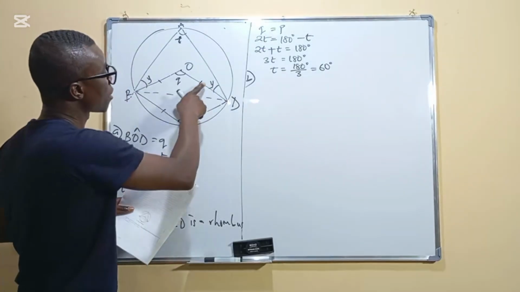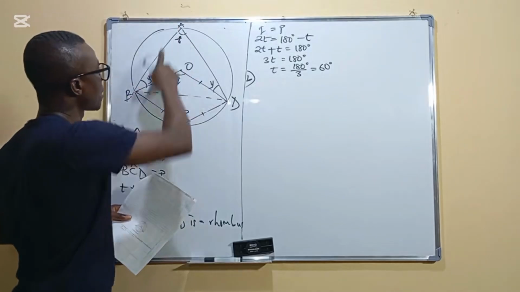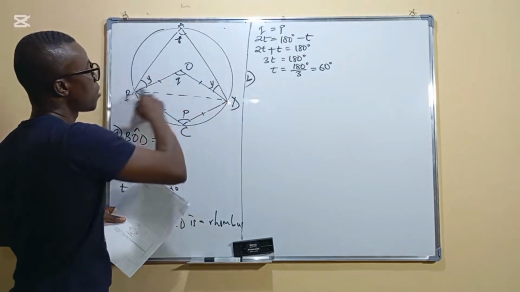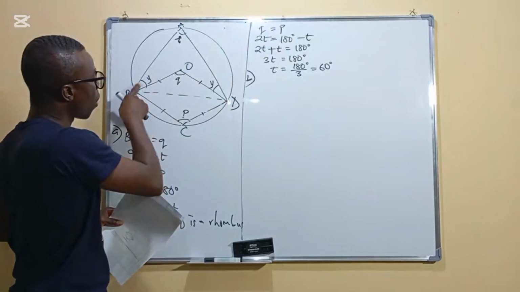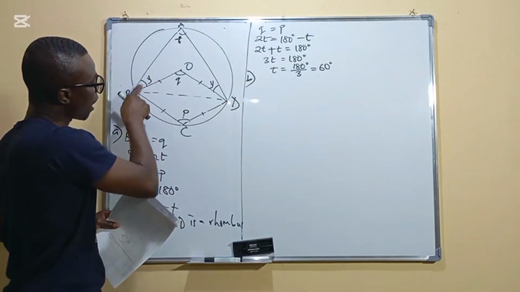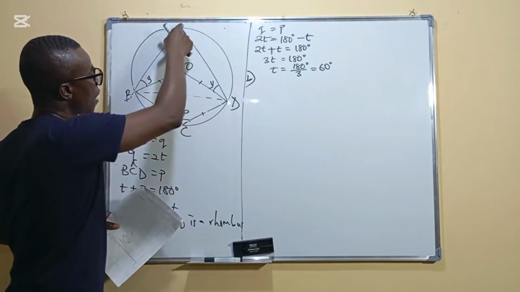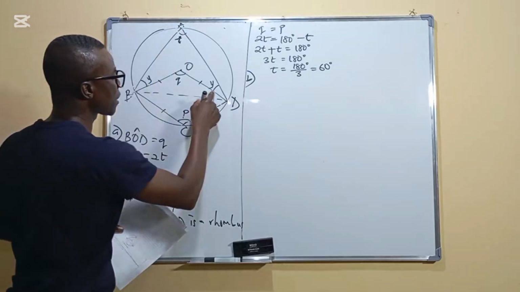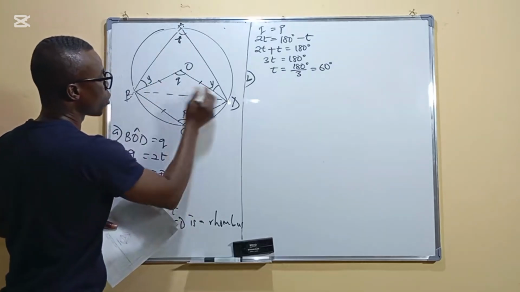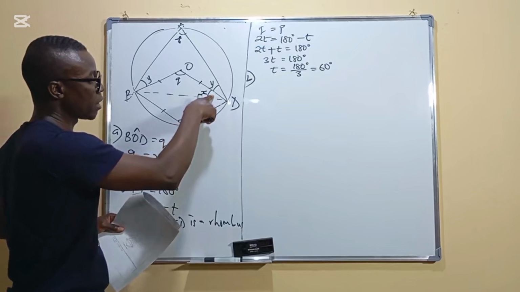Now, looking at triangle ABD, I can see that I have an angle T and an angle Y. I don't have this particular angle that completes the triangle, so I'm going to call it x.